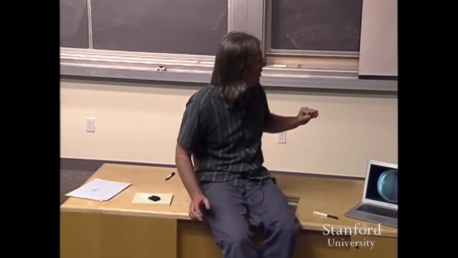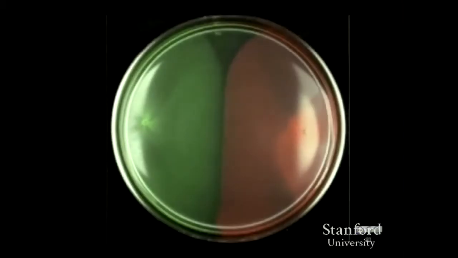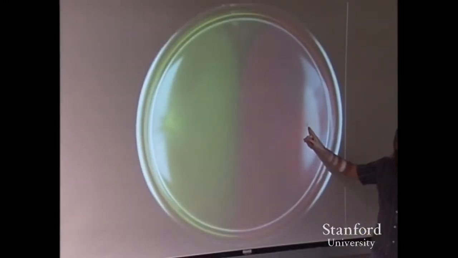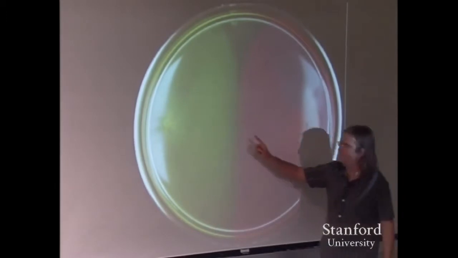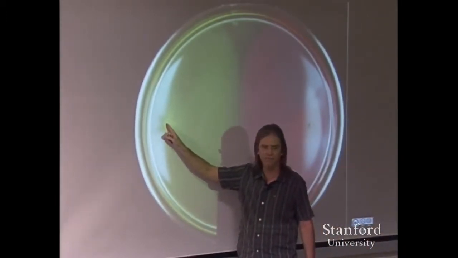What's shown here is the result of such an experiment where she's on a 10 centimeter diameter petri dish, plated cells that are initially red here and initially green here.